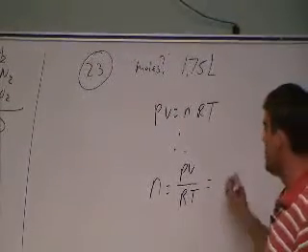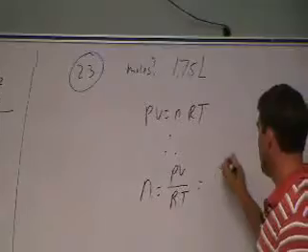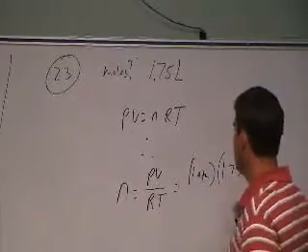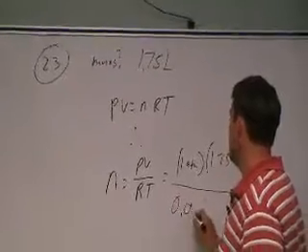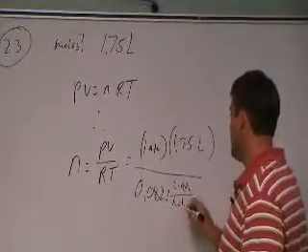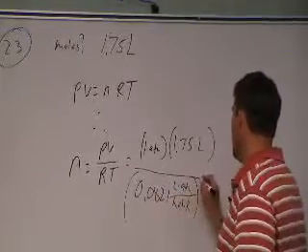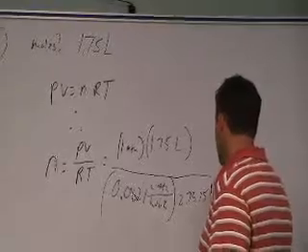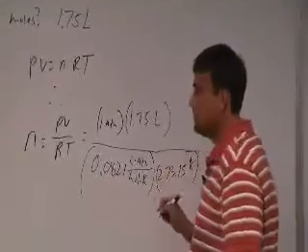STP, standard pressure, 1. Volume, 1.75 liters. R is 0.0821 liter atmosphere per mole Kelvin. And temperature, 273.15, right? Because it says the standard temperature.